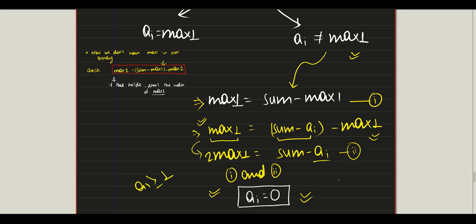So if we decide to delete an element which is not the max one, we are never going to get to a solution because there is no AI equal to 0 present in our array. So the solution is possible only when we decide to delete the element which is the max one of our array.